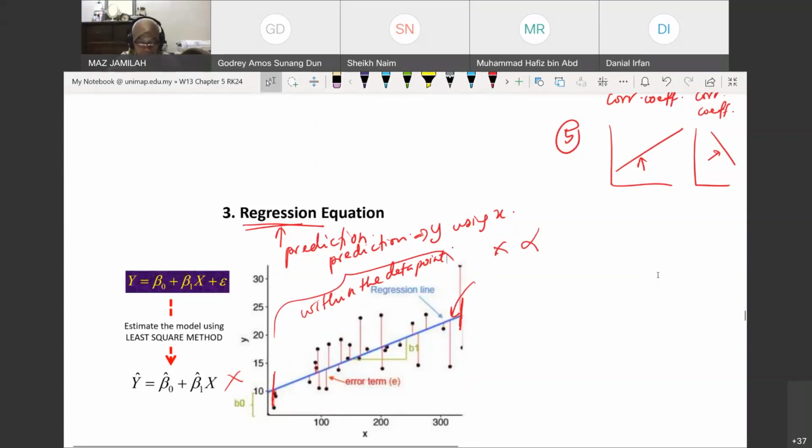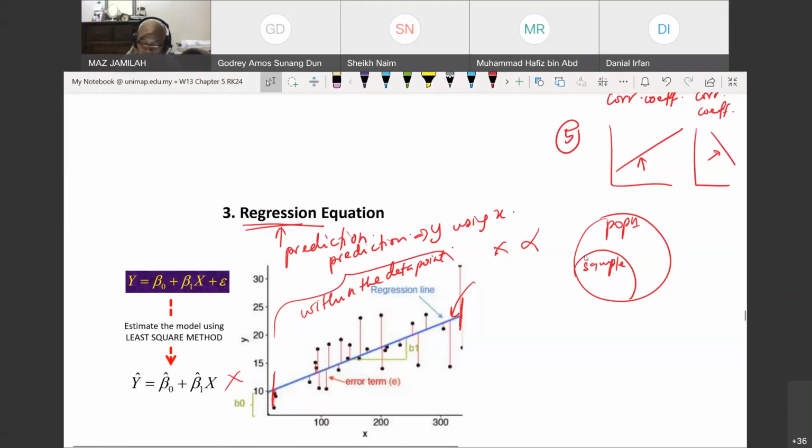Now, what about this regression equation that you should do, class? Remember, class, again, we are talking about population, and then we are using our sample to make analysis.